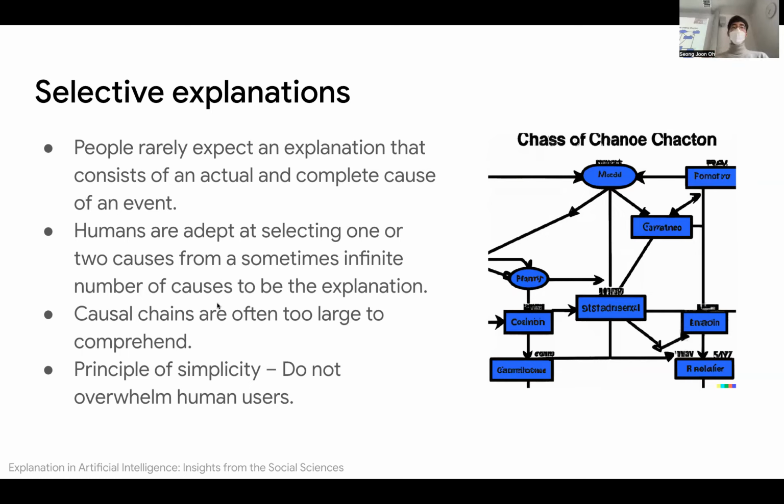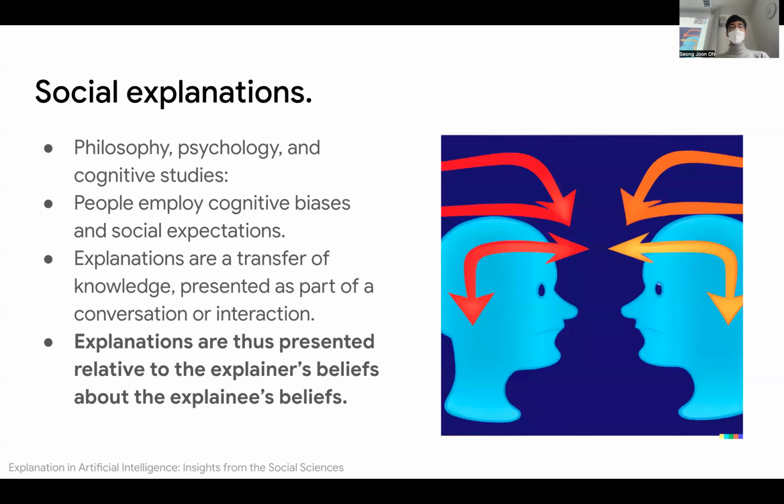We are very good at selecting one or two key causes out of an infinite number of causes. If we generate all kinds of causes for a single event, then the causal chain can be too large and too hard for the explainee to handle. So we need a principle of simplicity here, and we should not overwhelm human users.